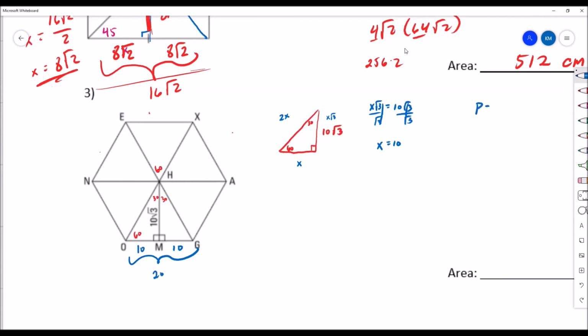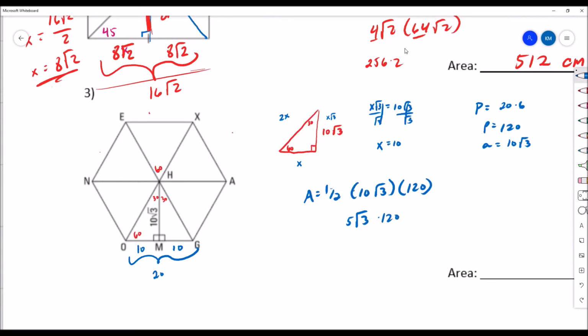So our perimeter is the length of one side times how many sides there are, 120. Our apothem was given to us at the beginning of the problem as 10 radical 3. And so we can find our area by doing 1/2 the apothem, 10 radical 3, times our perimeter, which is 120. 1/2 times 10 is 5, so 5 radical 3, times 120.